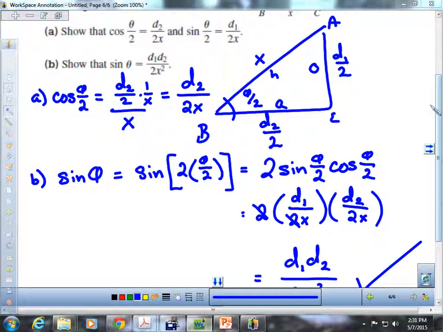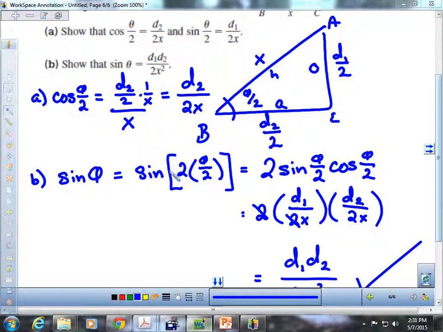So now in part B, they wanted me to find the sine of theta. Well, theta is 2 times half of theta. What's half of theta times 2? Theta. So we're going to use a double angle identity for sine. And what does the double angle identity of sine tell me?